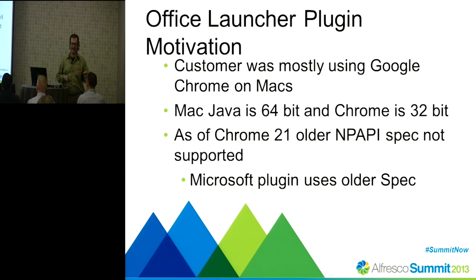On the Mac, Java went to 64-bit, and Chrome is still 32-bit, so you can't use Java anymore. That was a problem. Workdesk switched over to using the Microsoft NP API plugins, and then with Chrome 21, Google stopped supporting the older NP API spec.